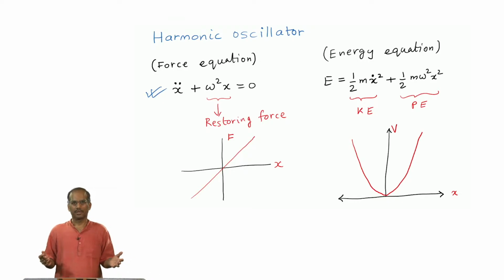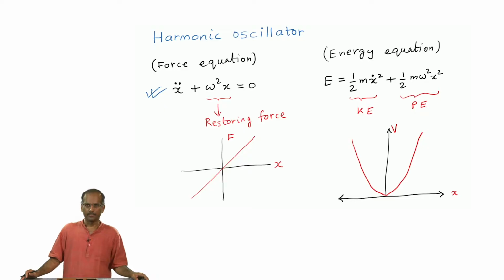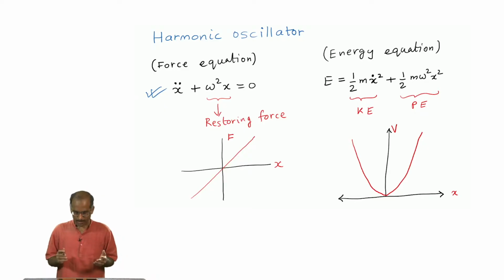Omega is of course related to the time period. So, this is really a simple oscillator. There is one time period, and if you plot the restoring force as a function of displacement, it is shown here. It is linear. Clearly, omega square x is linear, which is your restoring force.